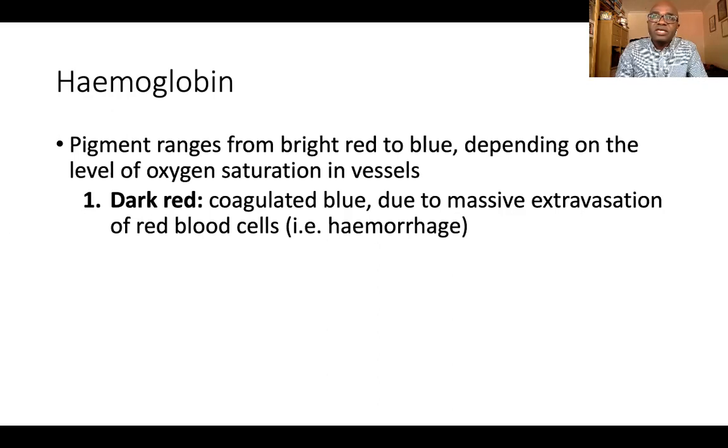So when you see hemorrhage with blood clots in the subcorneal surface, so just underneath the skin, from trauma, it will look dark red. Even in the cuticles of the nail, when you see subcorneal or subungual hemorrhage, it will look a little bit dark red.